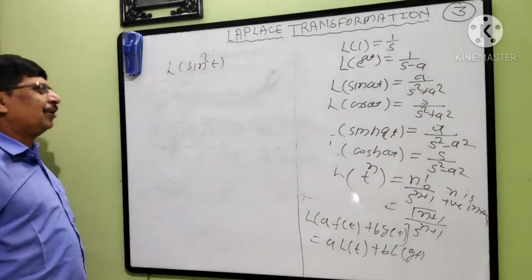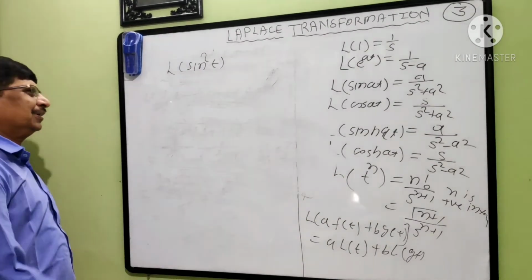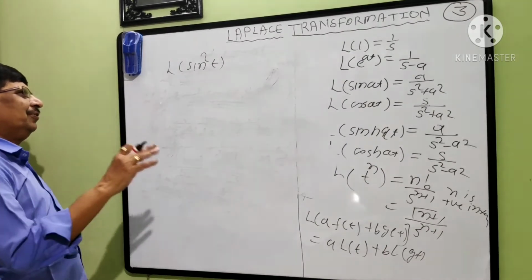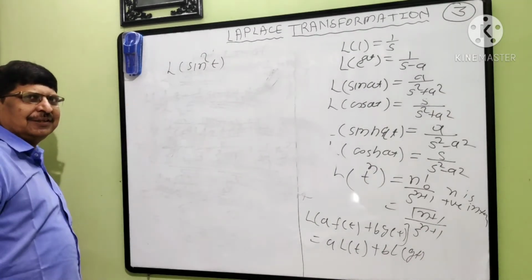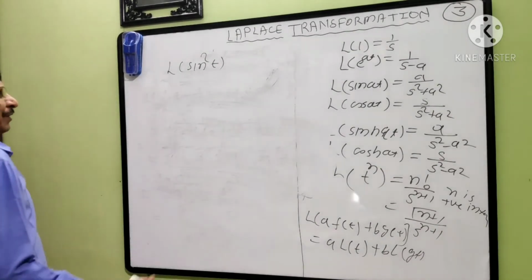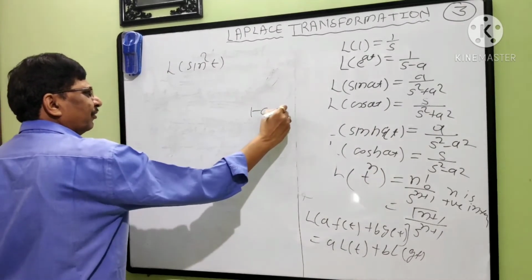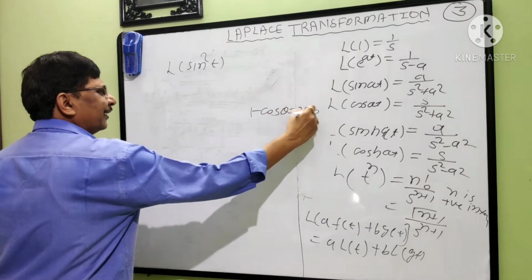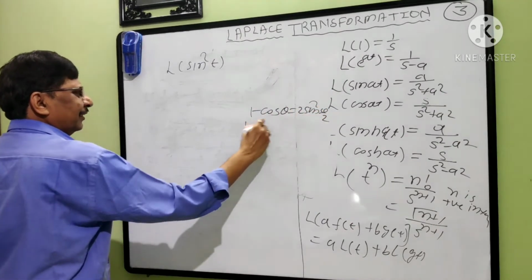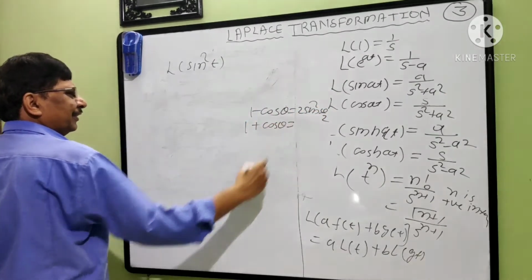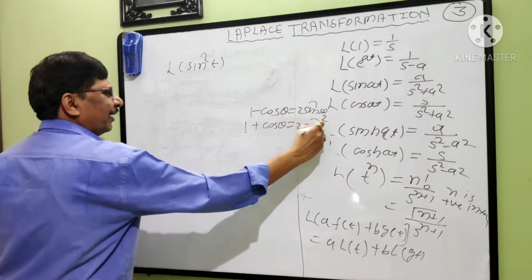That means we have to convert them in terms of simple functions, and that's why you must know some trigonometric results. Here I am writing: 1 minus cos theta is 2 sine square theta by 2. And 1 plus cos theta is 2 cos square theta by 2.